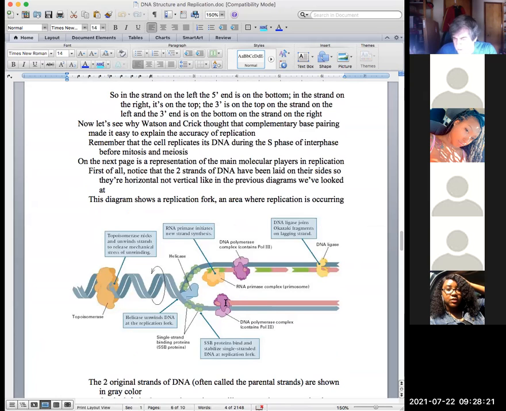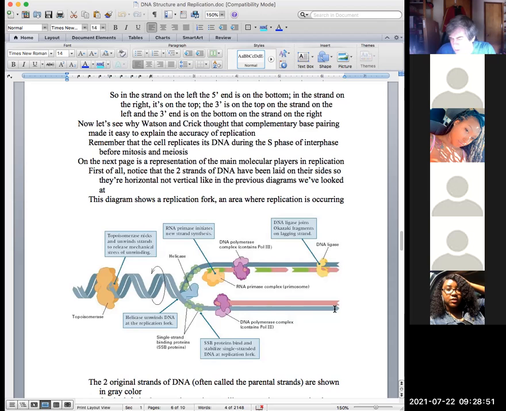So on the bottom strand, the 3' end is over towards the left and the 5' end is to the top. And we have an enzyme called DNA polymerase that comes in. And it's actually DNA polymerase 3. There are several different types of DNA polymerase. And DNA polymerase starts over here at the first nucleotide.